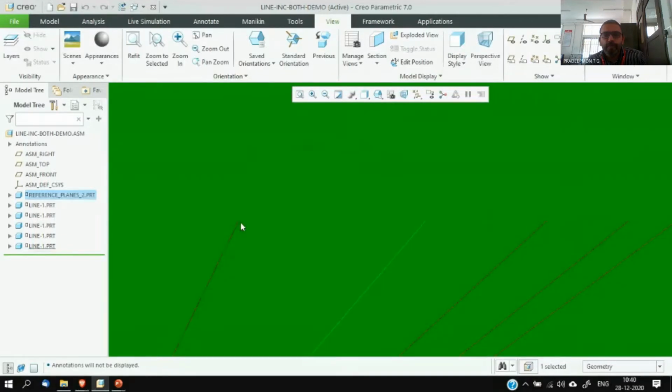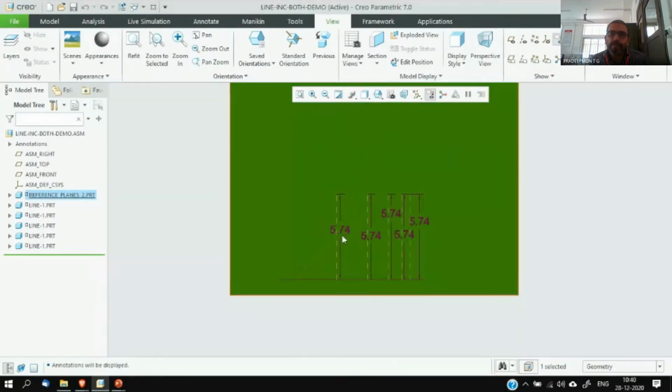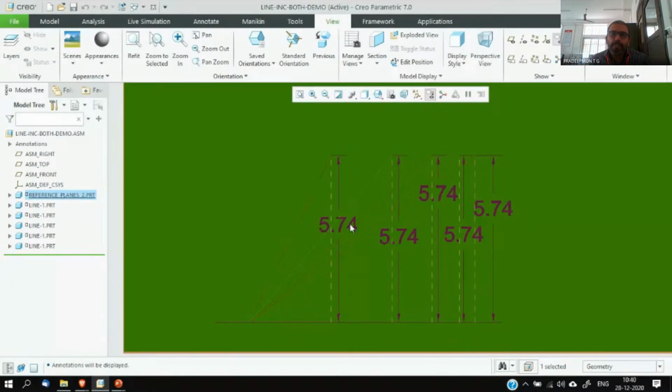If you draw a horizontal line through any of these points, then the second endpoints of all the lines should be lying on that particular line. How does it come? The distance, if I mark the distance of these points from the fixed point, the vertical height is the same.